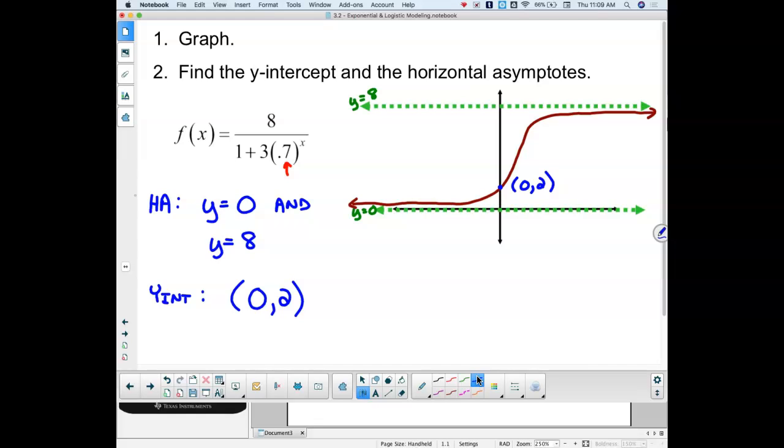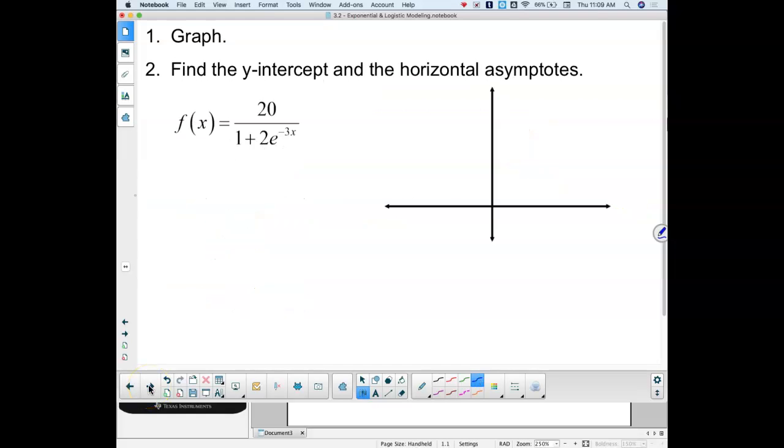With that being said, I would like you to graph this logistic function. Also give me the horizontal asymptotes and the y-intercept.